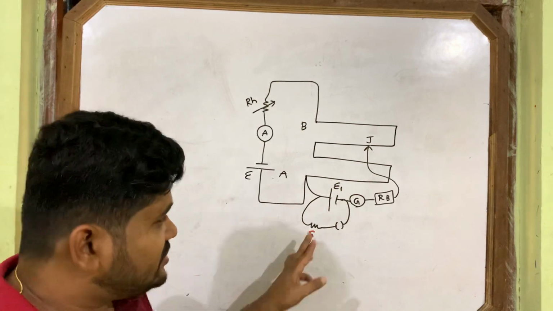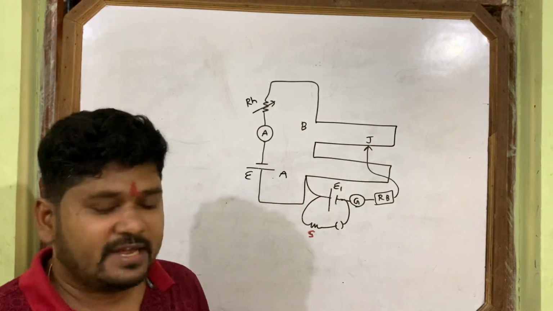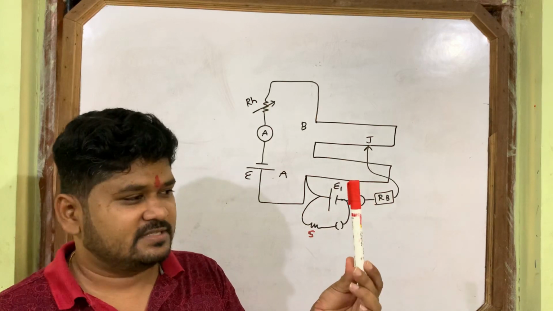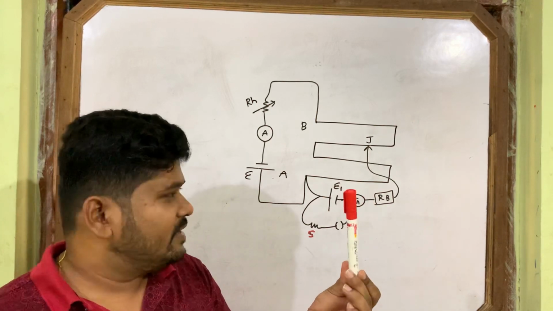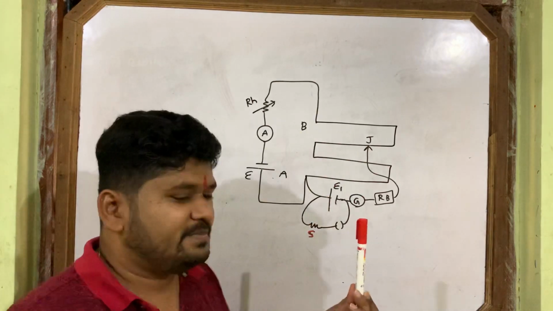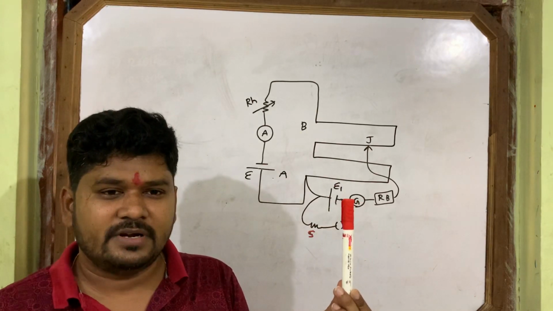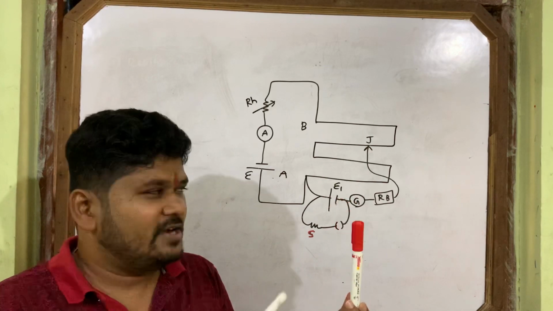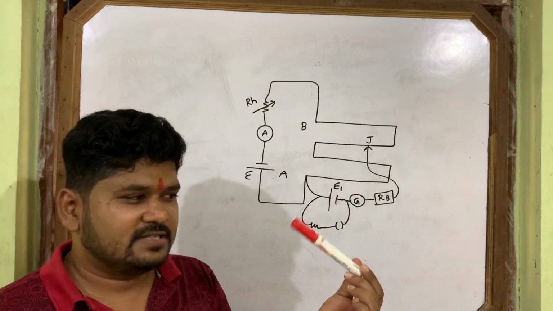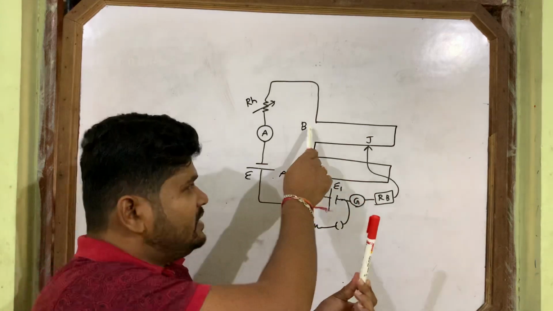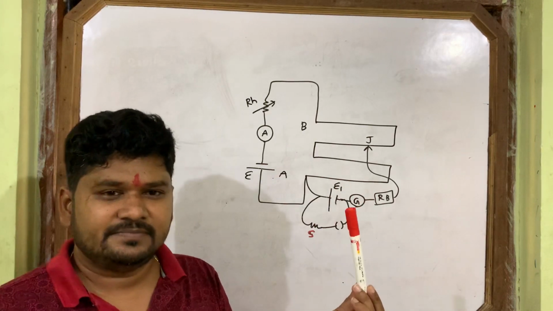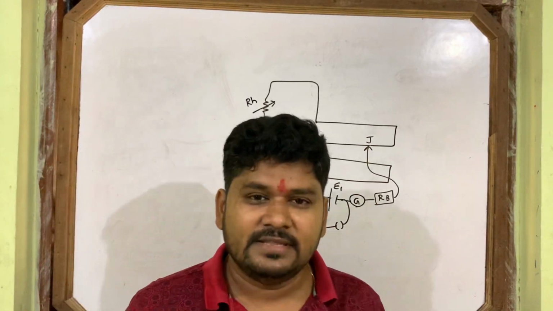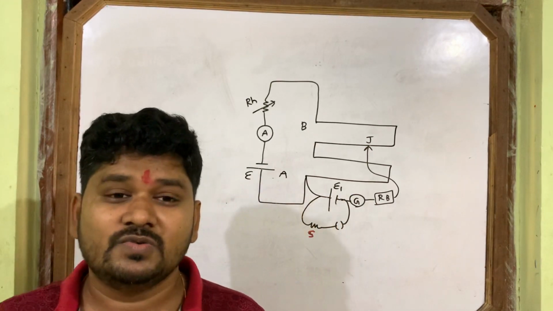But after connection, when you bring the jockey and touch at point A, the galvanometer pointer deflects like this. When again you take the jockey and touch at B, the galvanometer pointer deflects like this. When touching at A, the pointer is like this. When touching at B, the pointer is like this. This pointer will not go to 0.